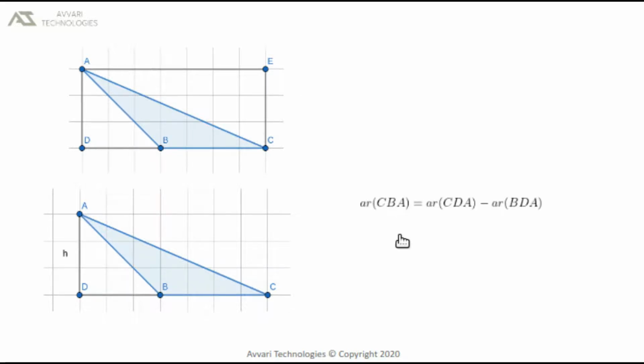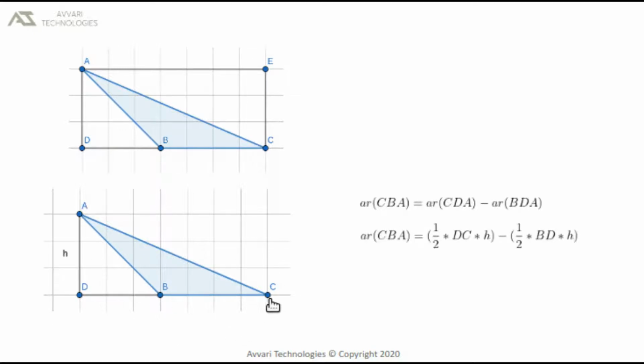In order to find the area of the obtuse angle triangle, that is CBA, we will take the difference of the area of triangle CDA. Here we got the maximum height, and we are taking the difference with the area of triangle BDA.